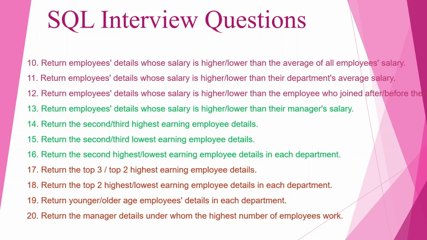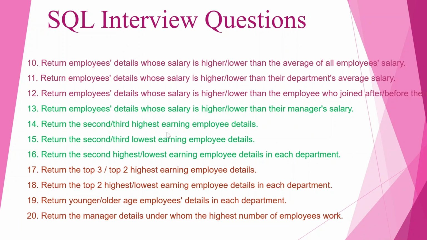So those employee IDs are nothing but the managers. For employee ID 1, employee ID 5 will be the manager. That is how it is indicated by the manager IDs. With the help of a self join, we are going to retrieve the manager's salary, so that we can compare the current employee's salary with the manager's salary. Then we can easily retrieve whatever data we want.